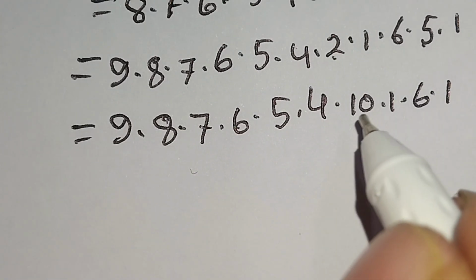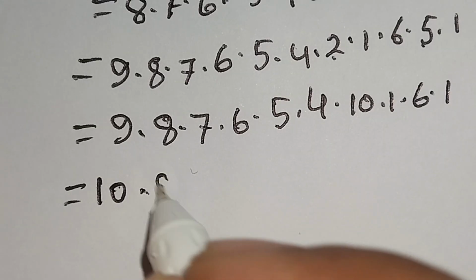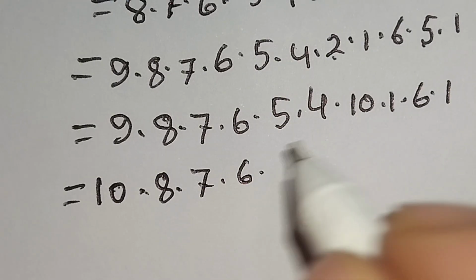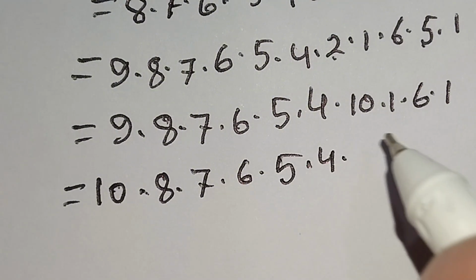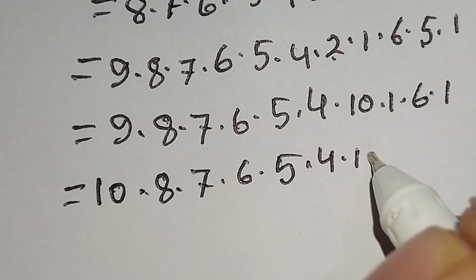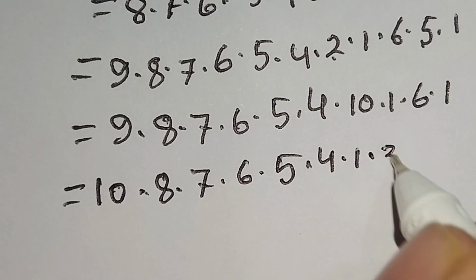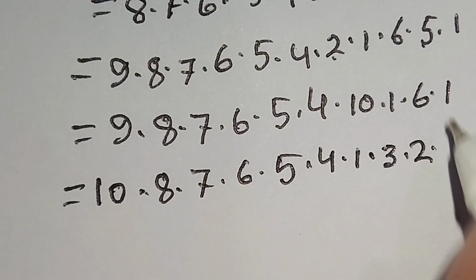At first we will write this 10. So you can write here 10 times 8 times 7 times 6 times 5 times 4 times, here 1 times, we can write this 6 as 3 times 2. 3 times 2 is equal to 6 times this 1.